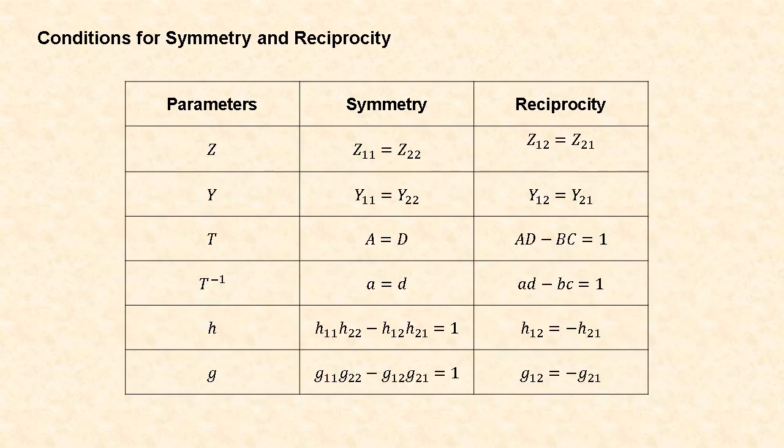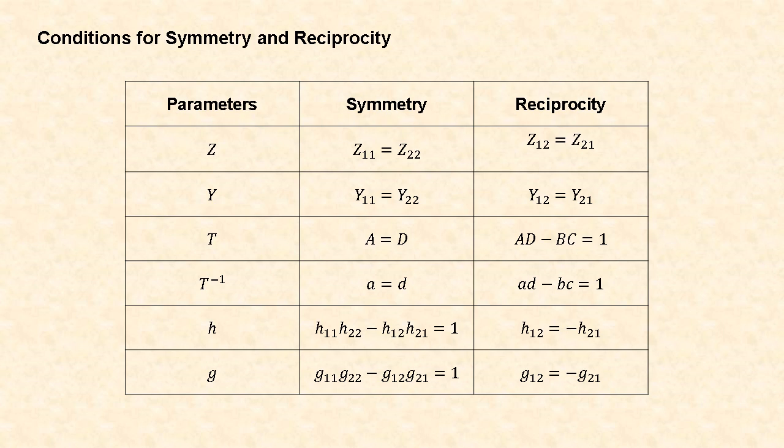Next are the conditions for symmetry and reciprocity. For the parameters to be symmetrical and reciprocal, there are some conditions given. For Z parameter, symmetry: Z11 is equal to Z22. And for Z parameter, reciprocity: Z12 is equal to Z21. For Y parameter, the symmetrical condition is Y11 is equal to Y22.